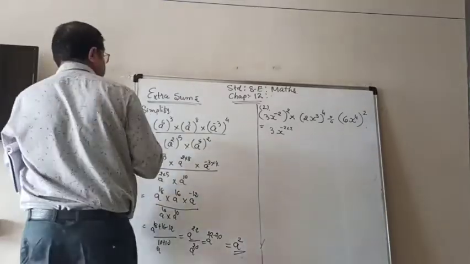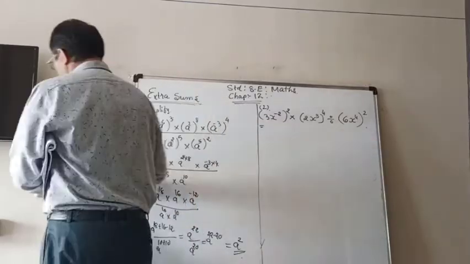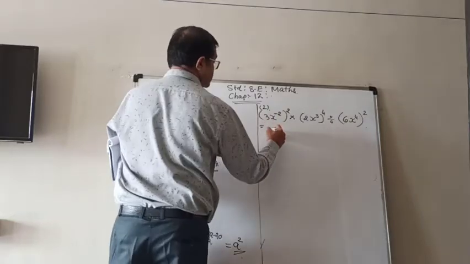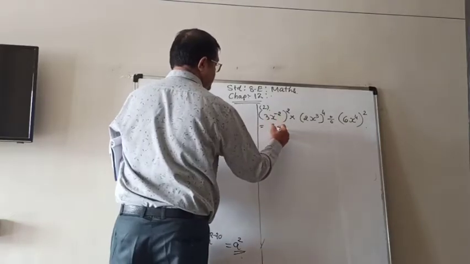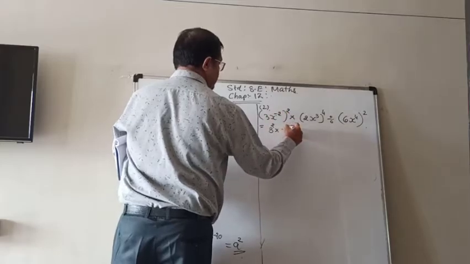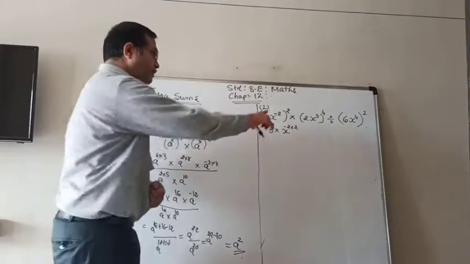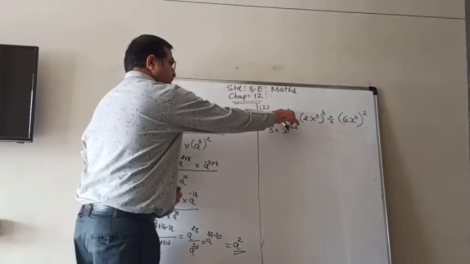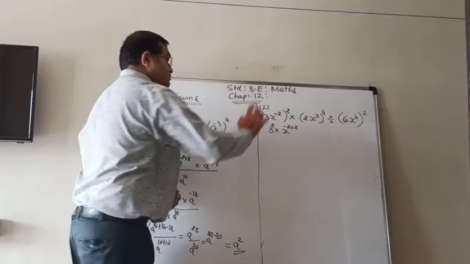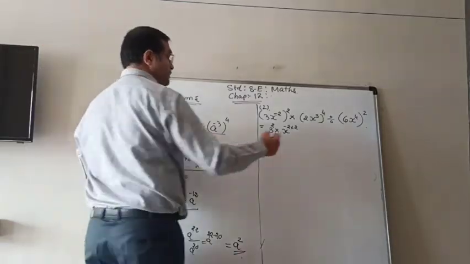You can't do that. Because when there is a bracket, all the numbers inside must get that power. So 3 raised to 2 multiplied by x raised to, power of power, minus 2 multiplied by 2. So 3 also will get that and x raised to minus 2 also will get that power 2. That is the most important thing.